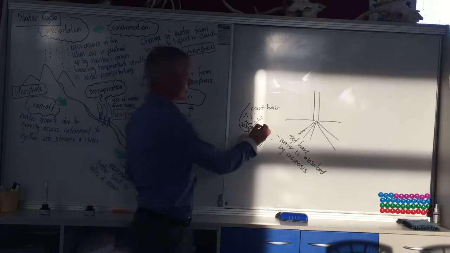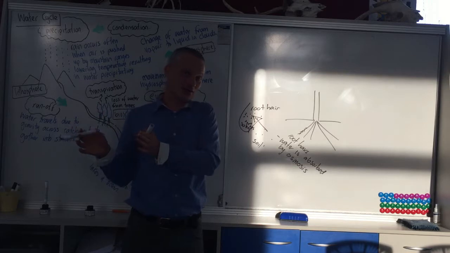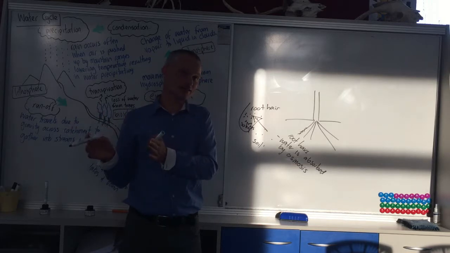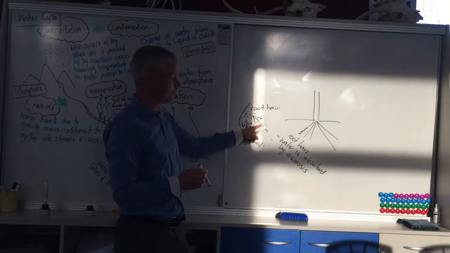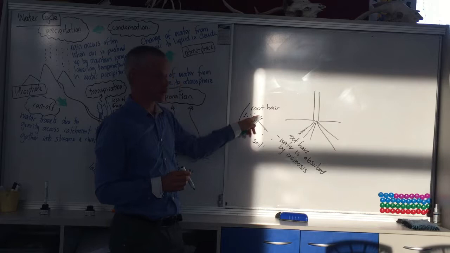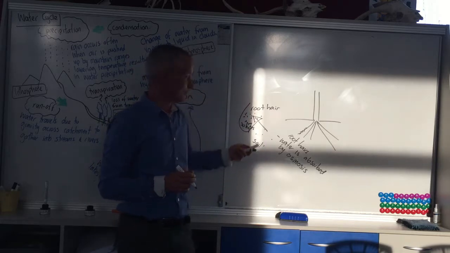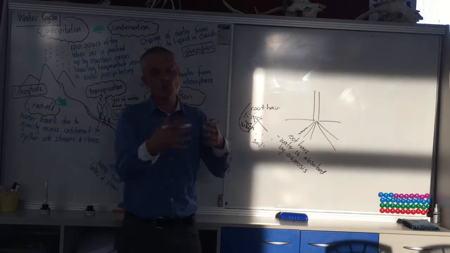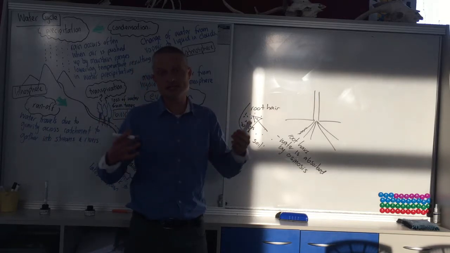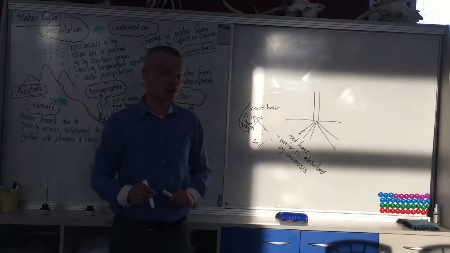So osmosis is the movement of water from an area where the water is less concentrated to an area where it's more concentrated. So the water is going to be drawn into the root here because there's more solutes in it. So it's passive, it doesn't require any energy, but plants have evolved the ability to increase the concentration of solutes in their root hairs, and by doing that they draw the water out of the soil. It doesn't require any energy, it's just that the water will always move wherever the concentration of solutes is highest.